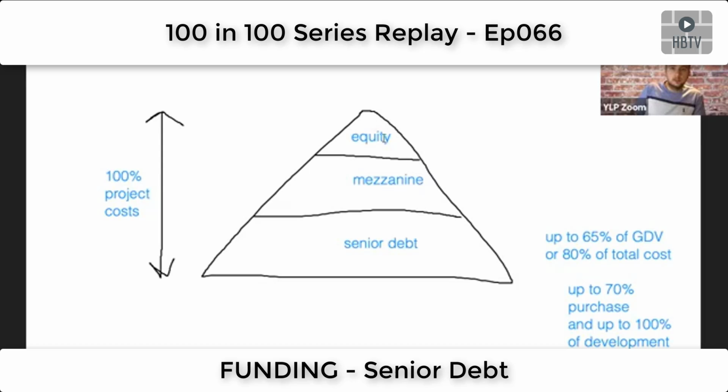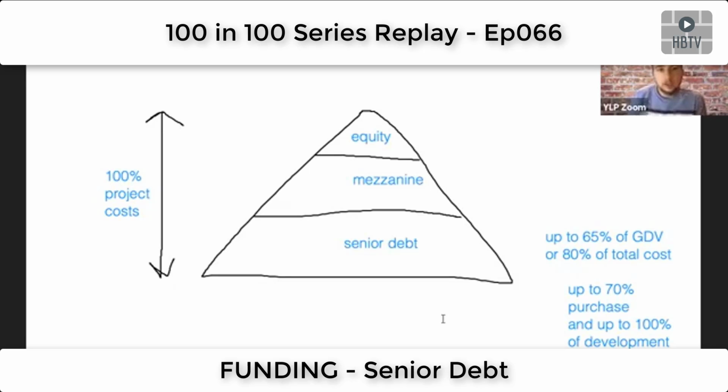If you've not got enough equity to purchase the land, you may use some debt to fund up to maybe 70% of the purchase. Then you plug that gap, and you've obviously got to plug a bit of a gap either with equity or mezzanine finance for whatever the gap is with the development costs.